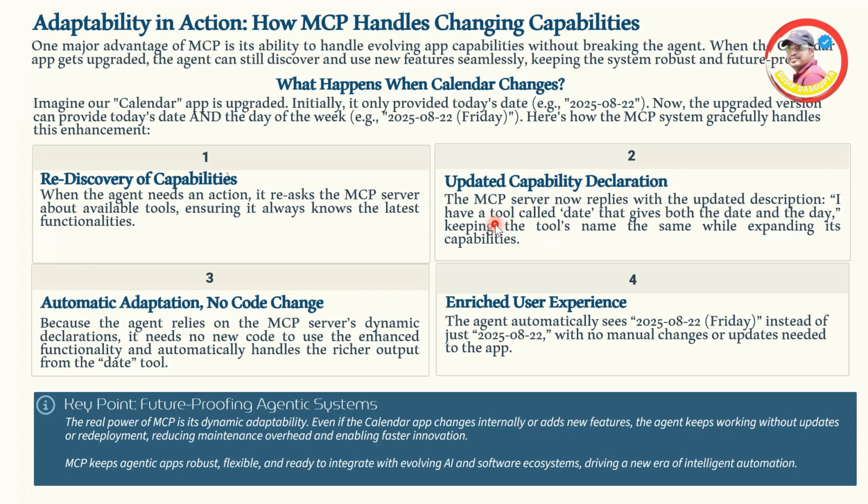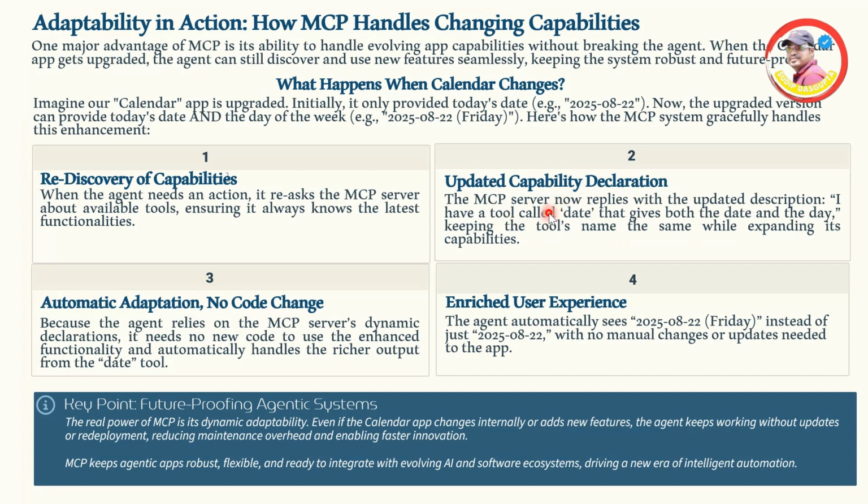So next time whenever our agent asks the MCP server, hey, I need to know what tools are available and what their capabilities are, the MCP server publishes a list of tools along with the capabilities of each of those tools, saying that along with the date, it can now say what day of the week it is.